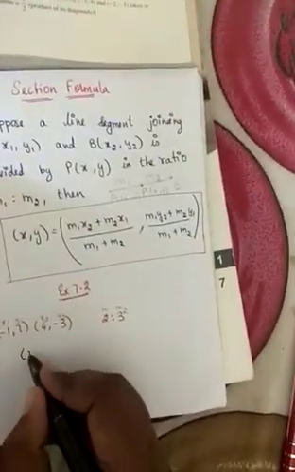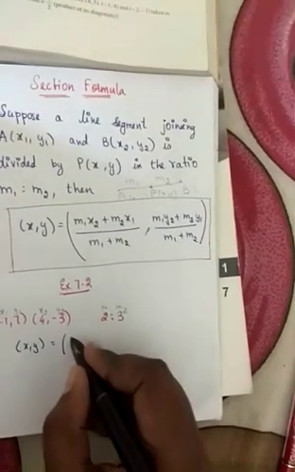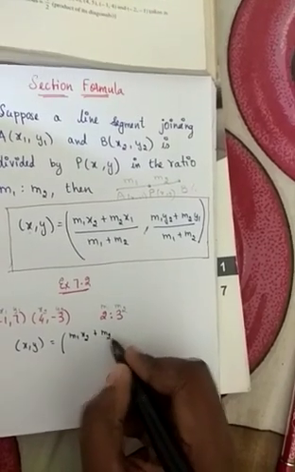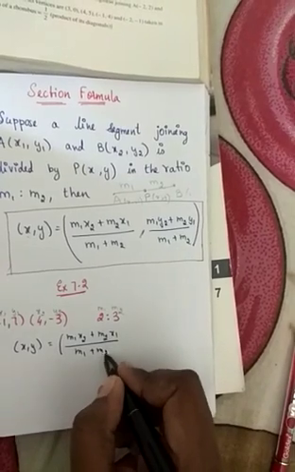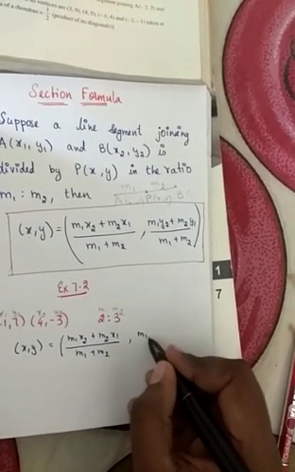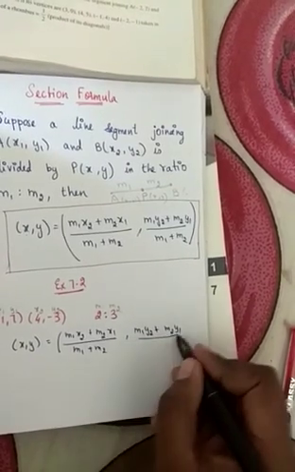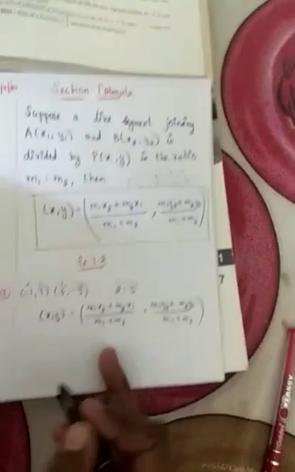What is the formula? Just now we have written it, so you write it again. The formula is (m1 x2 + m2 x1) divided by (m1 + m2), comma, (m1 y2 + m2 y1) divided by (m1 + m2). Now what is m1? We have written that.